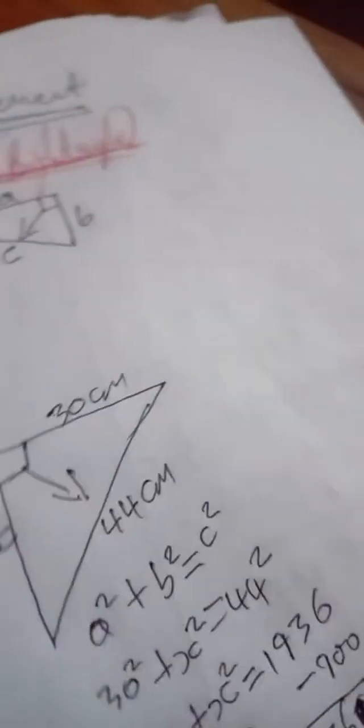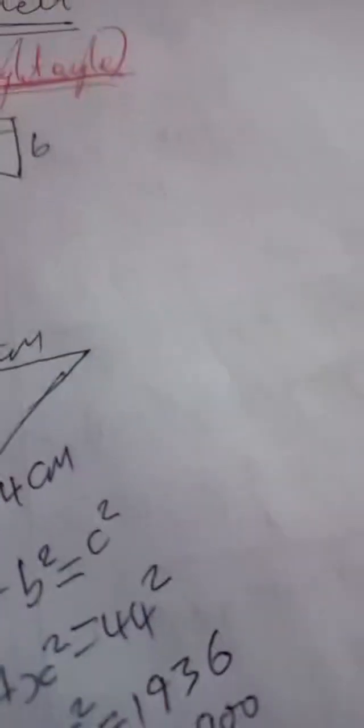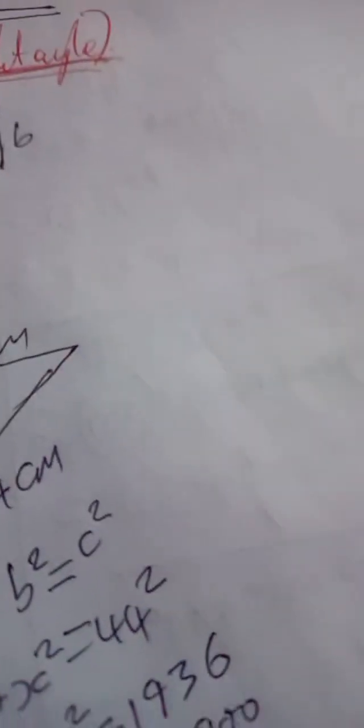Remember, Pythagoras theorem works, right? So let's say you build a wall, it must be straight.